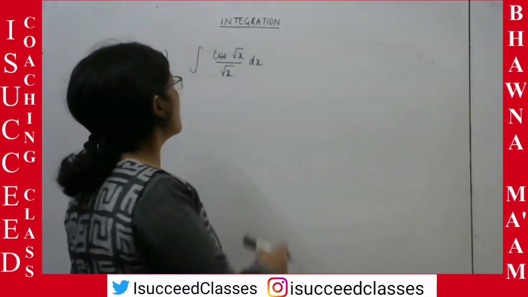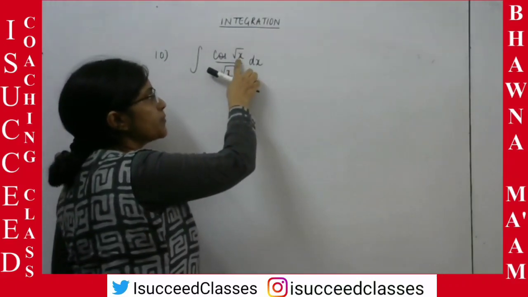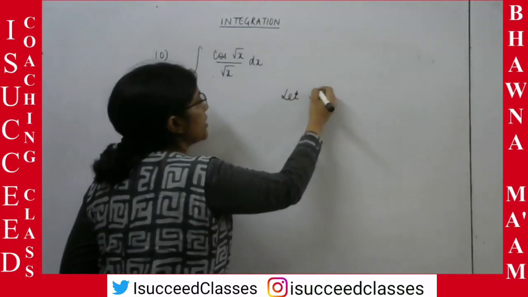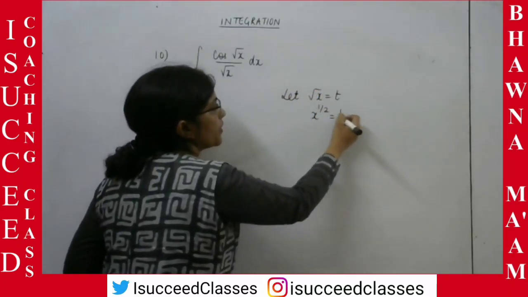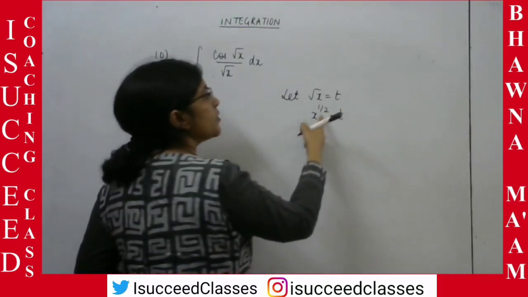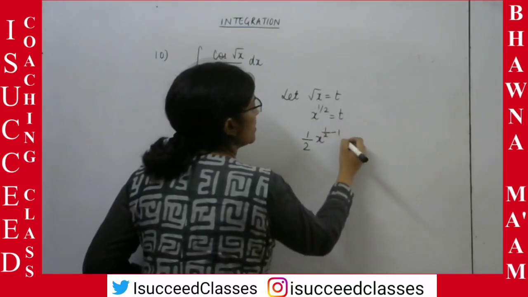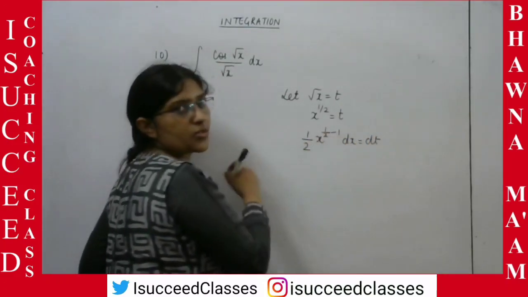Let's go to the next now. It is cos root x upon root x. Once again, composite function with root x. So let's put root x as t. That is x raised to half. Now, the derivative of x raised to half is half x raised to half minus 1, n x raised to n minus 1.